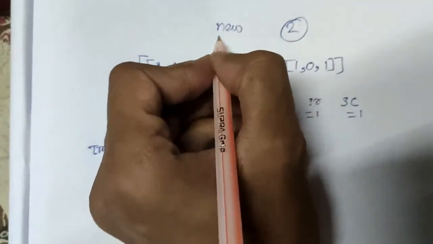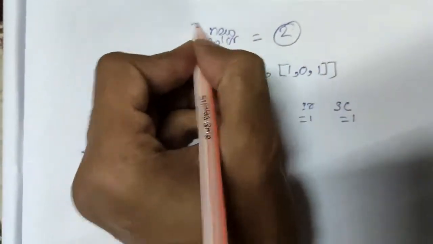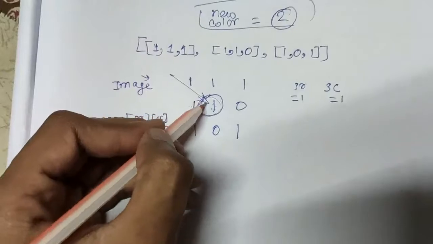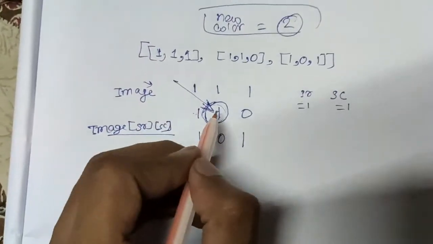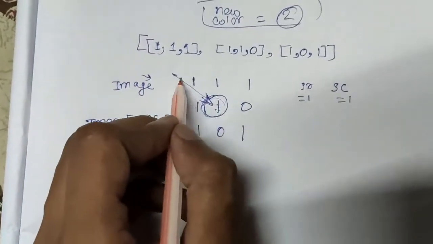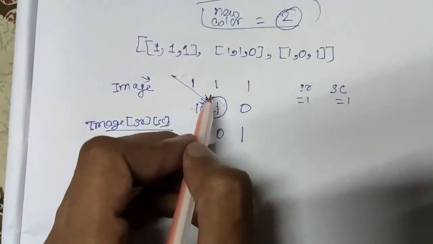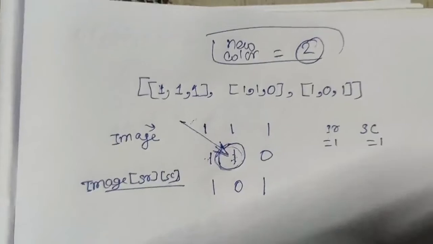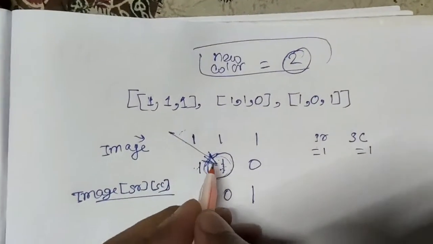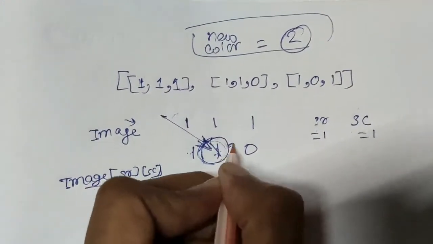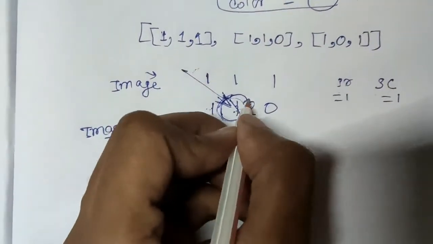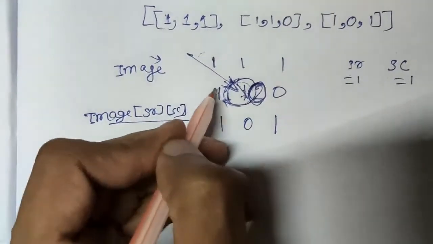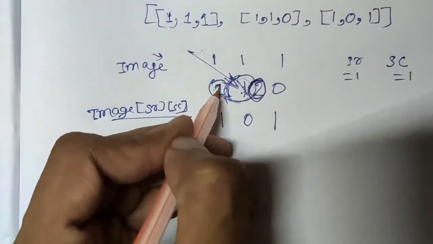So we have to fill it in this position, and it will also be filled in all of its neighbors which share the same color. Means we will update it to 2. Now its value is 2, and now that we have updated it, its neighbor is 1, so it will also be updated as 2.